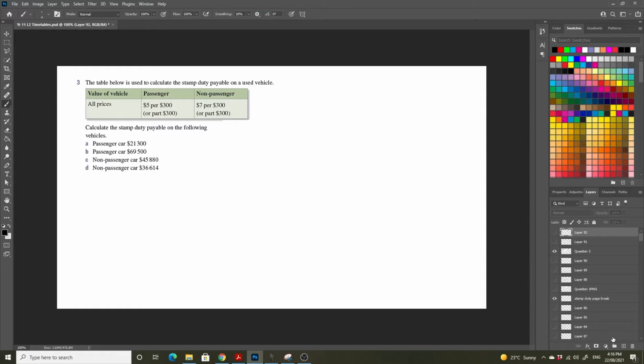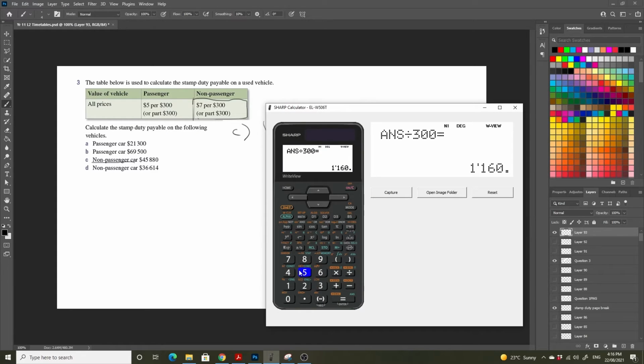Alright. On to the next one, which is C. In this one we have a non-passenger car, so we're going to use this rate here in this box. We have a non-passenger car worth $45,880. So our value equals 45,880, and we're just going to put that into our calculator and work out if we need to round it.